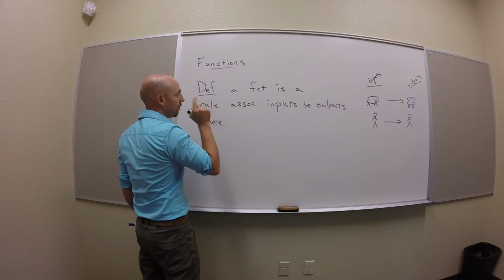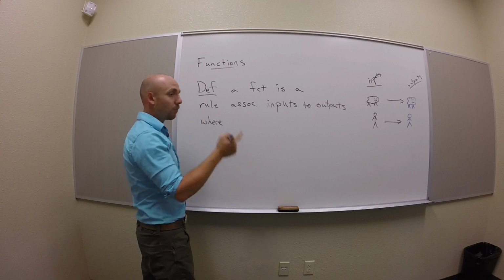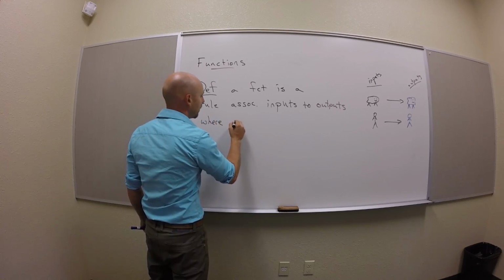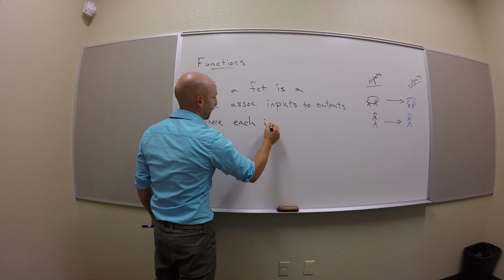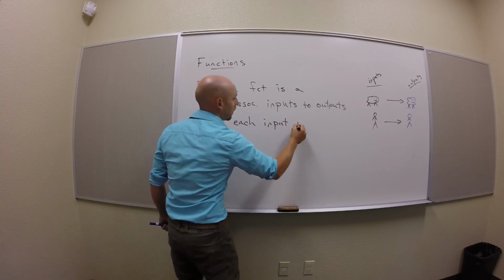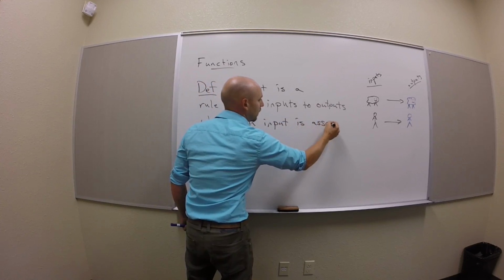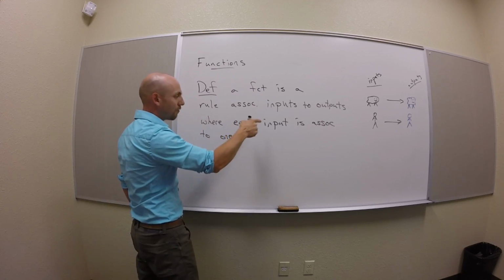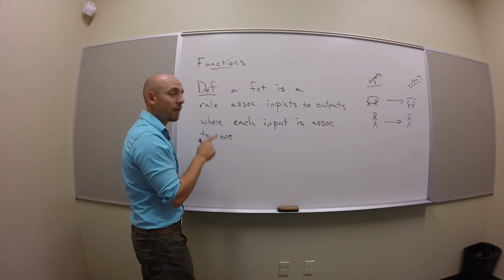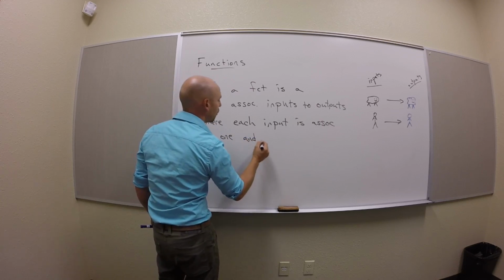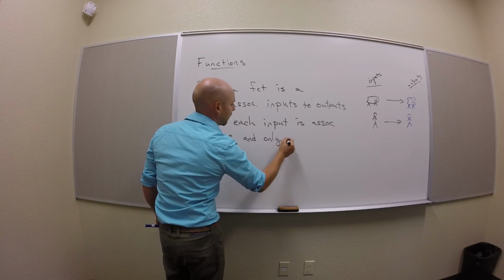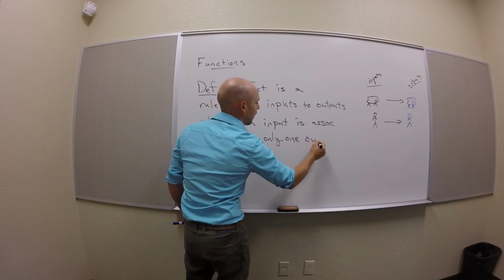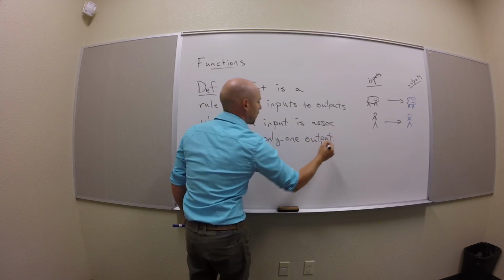A function is a rule associating inputs to outputs where each input is associated to one. Okay, so every input gives an output, and it only gives one. Cool.